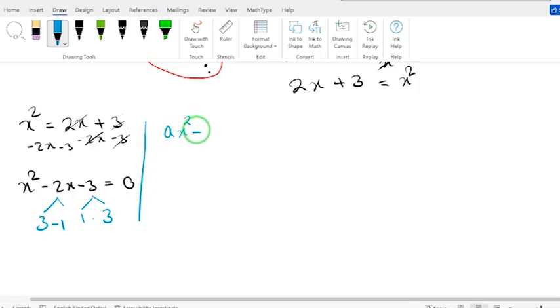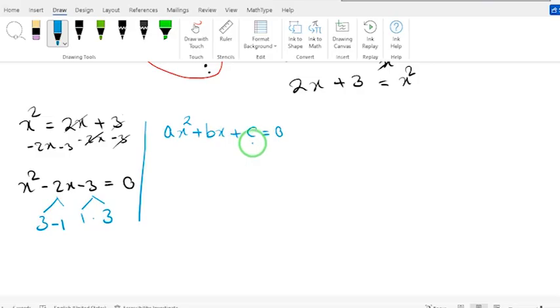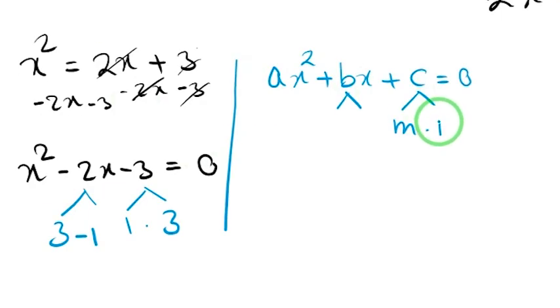form of a quadratic equation is ax squared plus bx plus c equal to 0. When you want to solve this type of quadratic equation by factorization, you find two numbers that multiply to give c, and when the sign of c is minus, they should subtract to give b, for example m minus n.